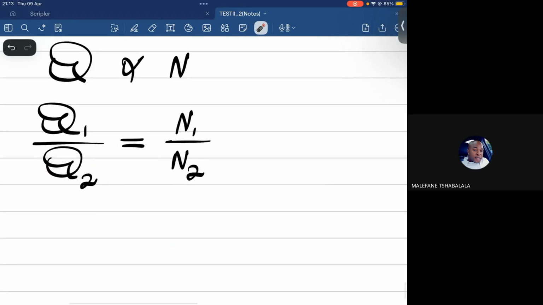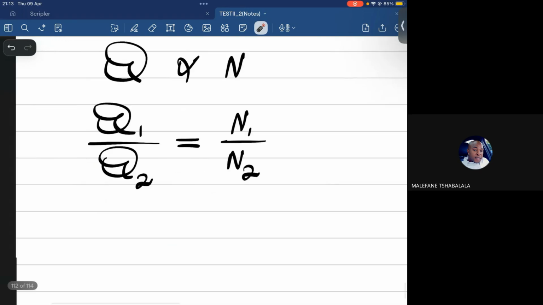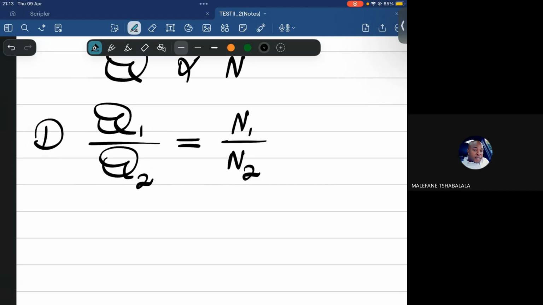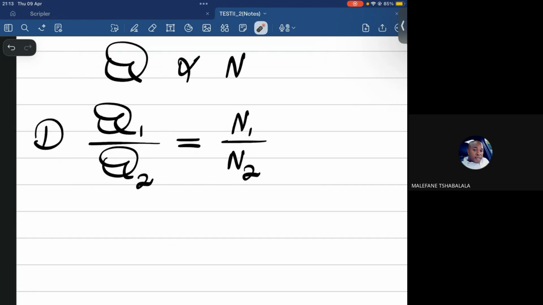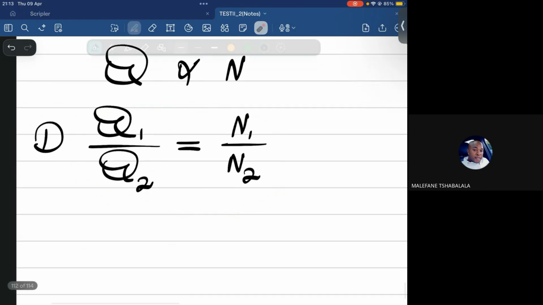This is formula number 1, when the impeller diameter of these two pumps is constant. This is the first formula that we get under affinity laws.